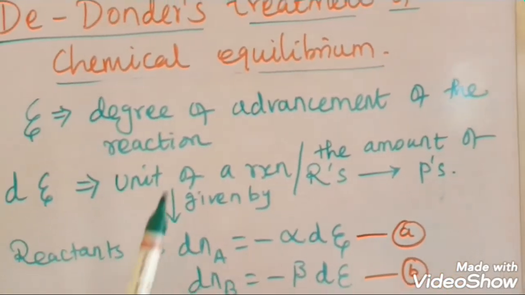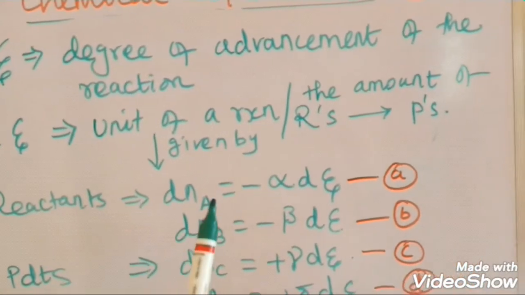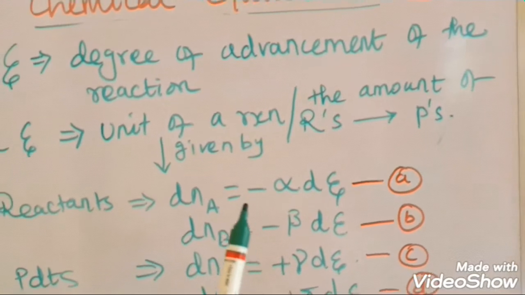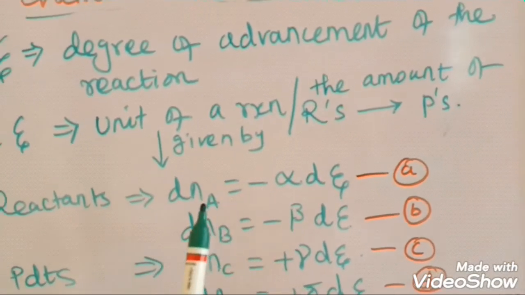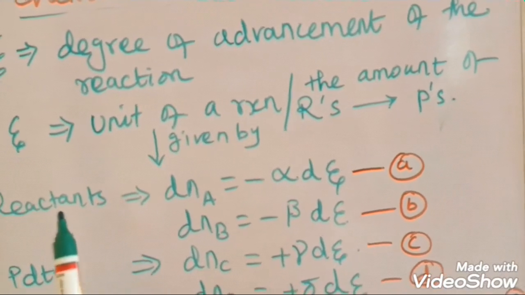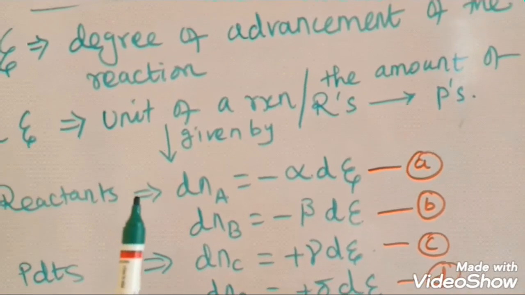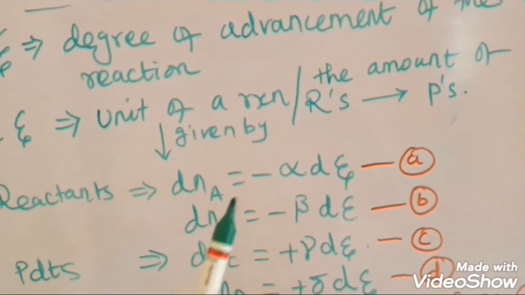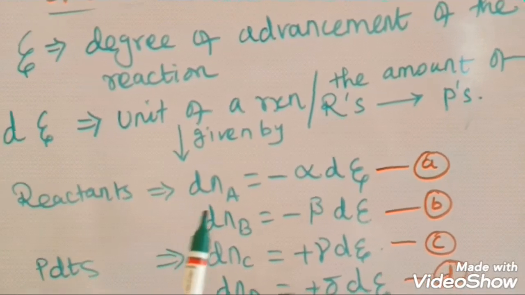For a reactant, the reactants are converted into product, so the change will be present in the reactant: it is destroyed, or it changes into product form. So the overall amount of the reactant will decrease.